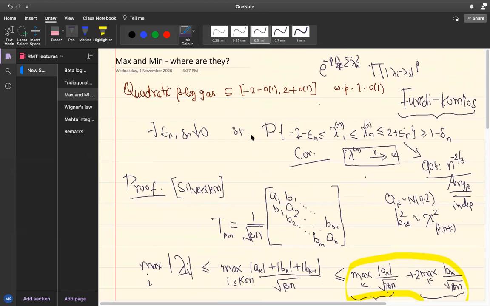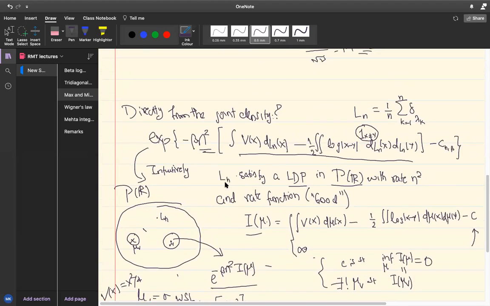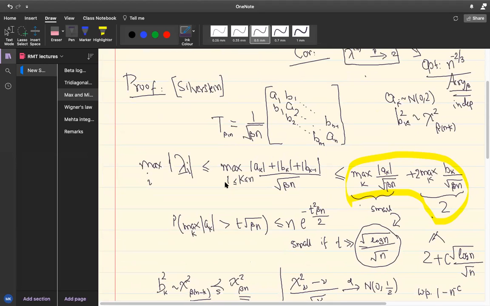In the quadratic case, when V(x) is x squared by 4 or whatever that is, mu V turns out to be this specific thing that I'm going to introduce later called the Wigner semicircle law, which is supported on minus 2 to 2. So in this sense, the large deviation principle also tells you that the particles are in minus 2 to 2.